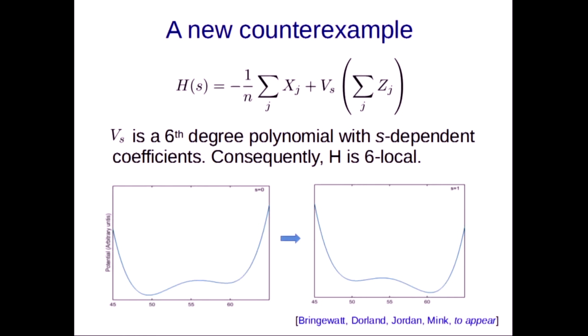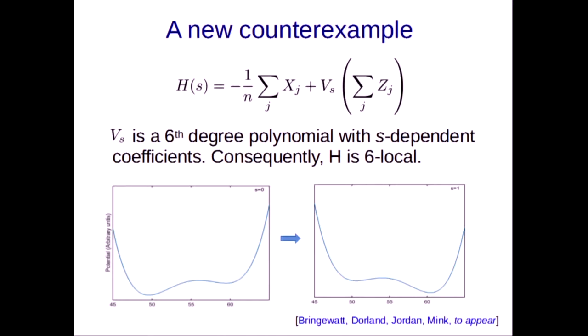Initially, we have a well which is centered at n over 2, the most likely Hamming weight. And then that potential rises, and this potential well lowers, and later on, the favored well is one which is above n over 2.